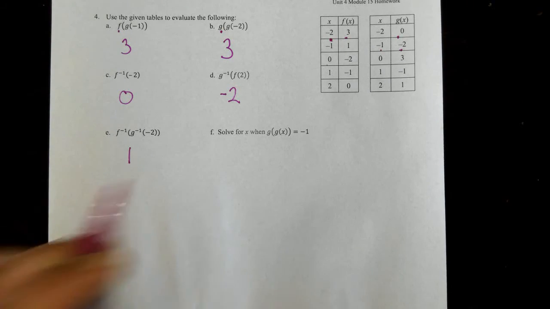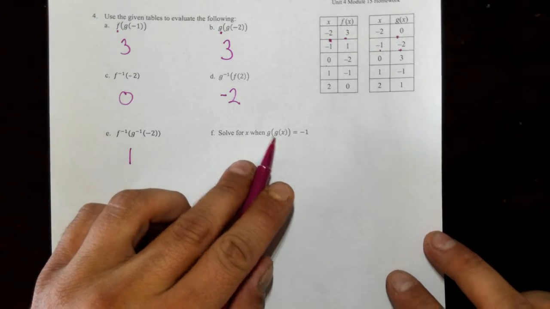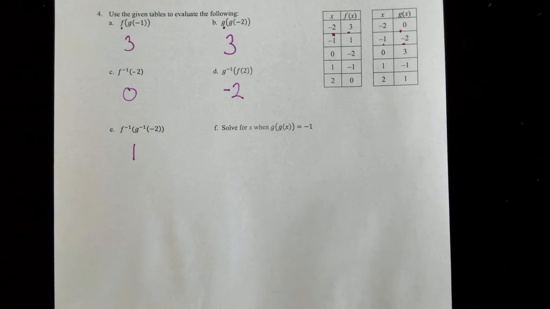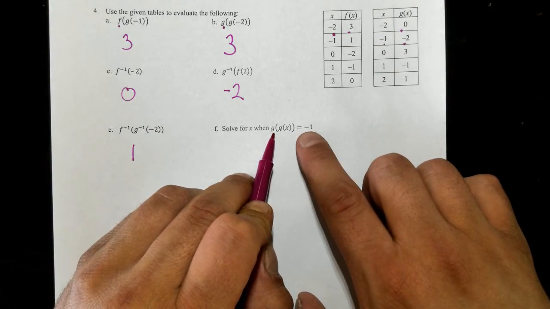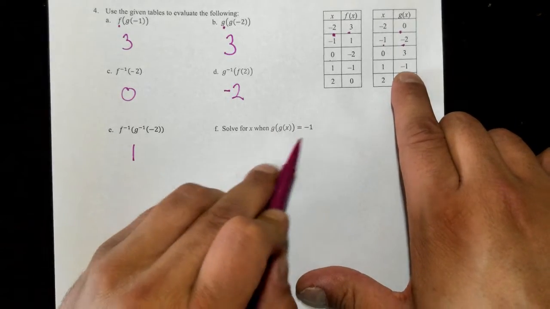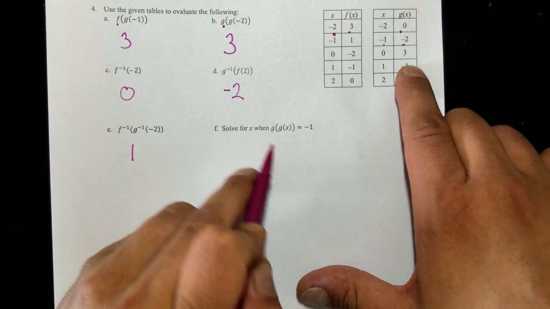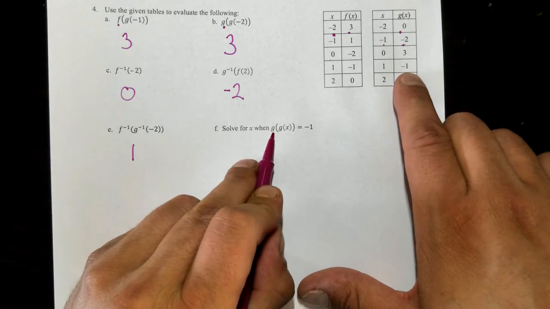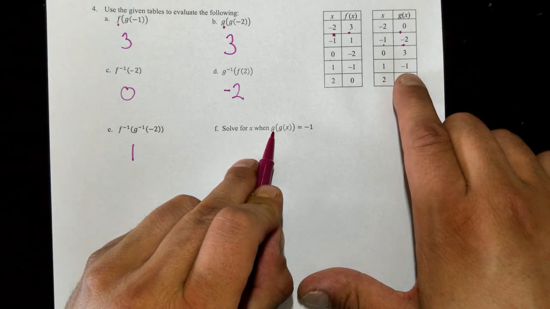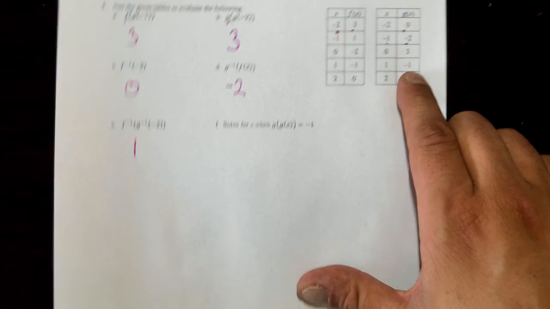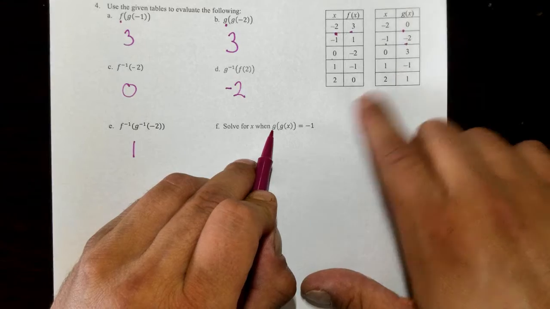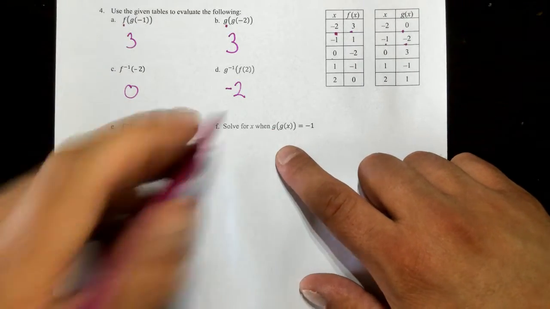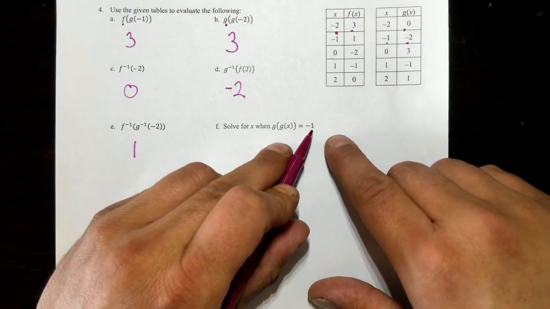Awesome. And then here, solve for x when G of x equals negative 1. So we're working backwards here. Sorry, my brain just exploded. G of x equals negative 1.